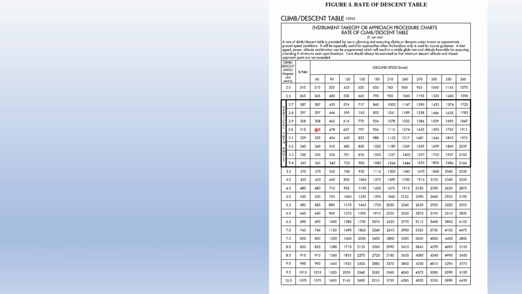And so basically what we're going to do is this is our descent rate at 60 knots at a 3 degree angle, at 90 knots at a 3 degree angle, and then at 60 knots at a 3.1 degree angle, and 90 knots at a 3.1 degree angle. So what I want to do is average all 4 of these numbers, add them up, and divide by 4. And that gives me a targeted descent rate of 405 feet per minute.